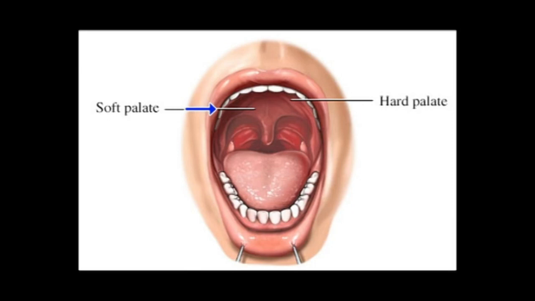The next organ is the soft palate. The soft palate is the end of the roof of the mouth. It is a very soft and moving organ. We also call it the active articulator. Let us see why. The soft palate can be either raised or lowered.